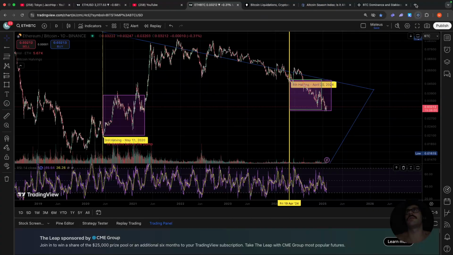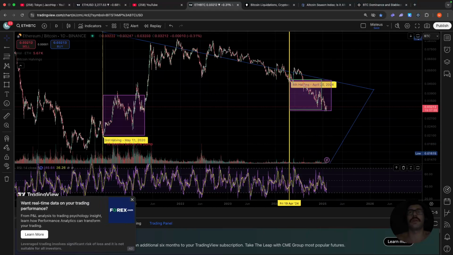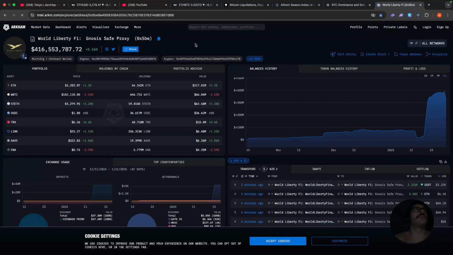And we can even see Trump's position in his wallet. Let me just find the link here. We can track Trump's wallet. Yes, I found it here. Let me just open. All right, here. So we can see that Trump is increasing Ethereum.